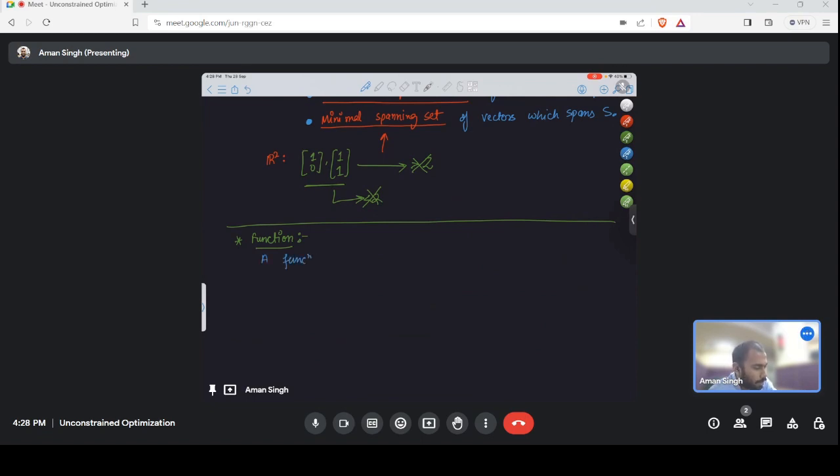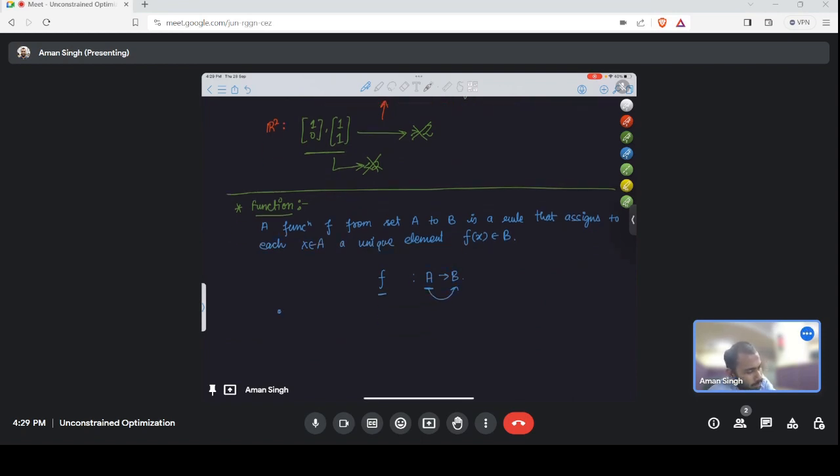A function f from set A to B is a rule that assigns each element in A a unique element in B, so f(x) belongs to B. That's what it means.